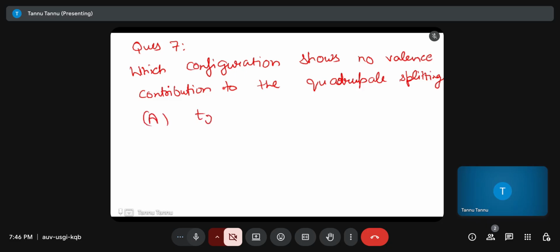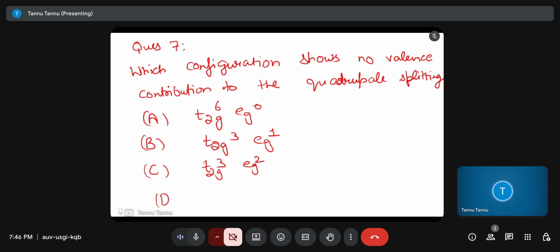A is t2g6 eg0, B is t2g3 eg1, C is t2g3 eg2, and D is t2g6 eg2.